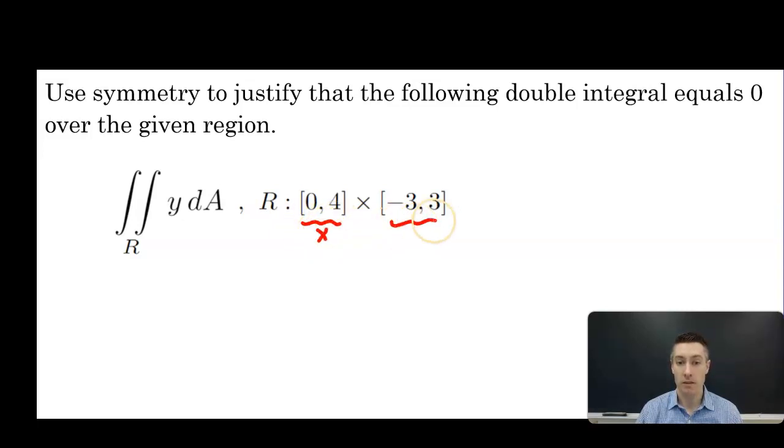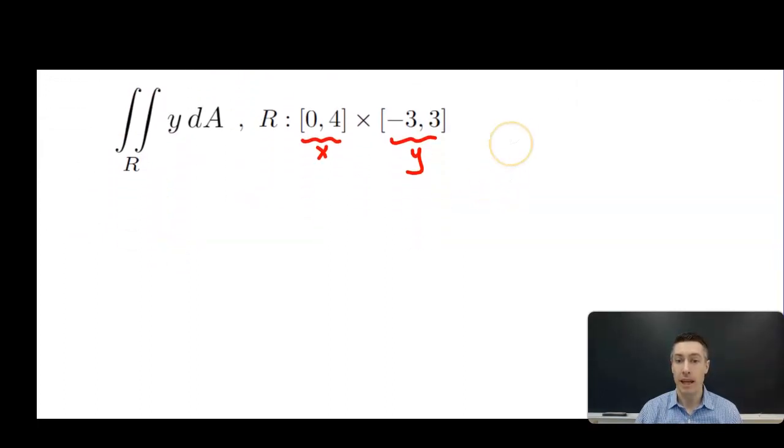The fact that we're trying to show that this double integral equals 0 indicates to me that we're talking about net volume, because y is definitely going to have some volume bound between it and the xy plane, and if this double integral equals 0, that means the net volume bound by this surface and the xy plane is going to be 0. So let's try to create a justification for that to be the case.